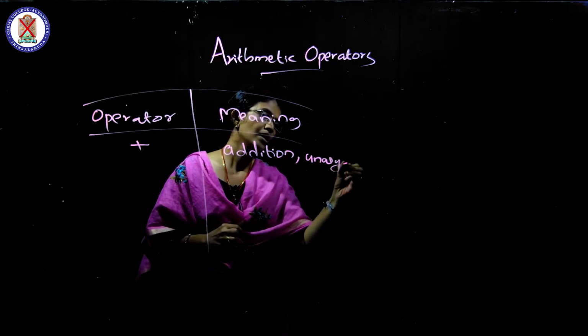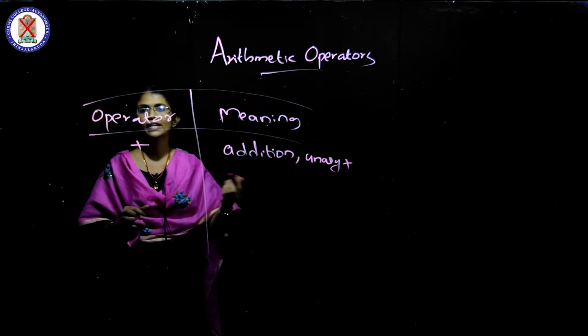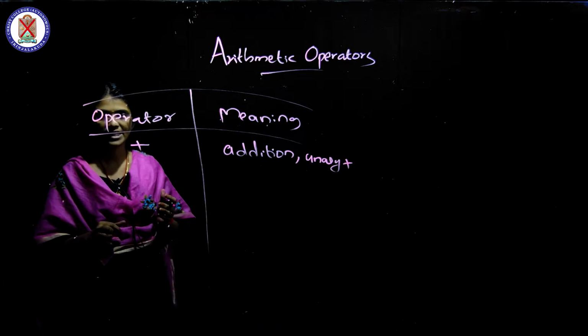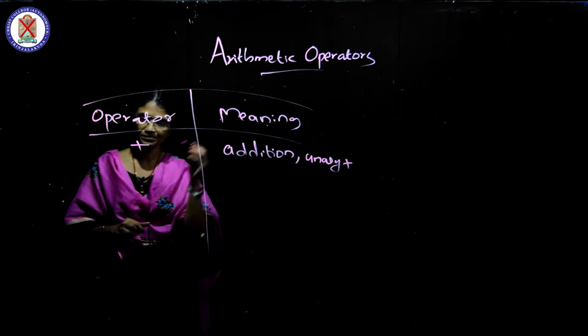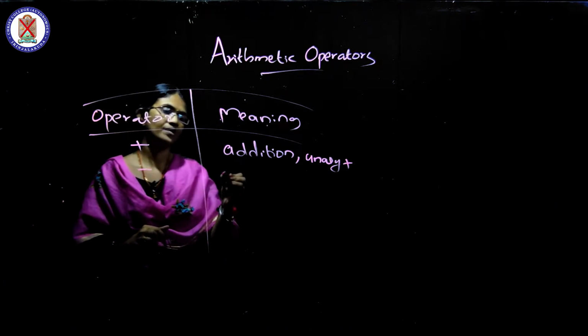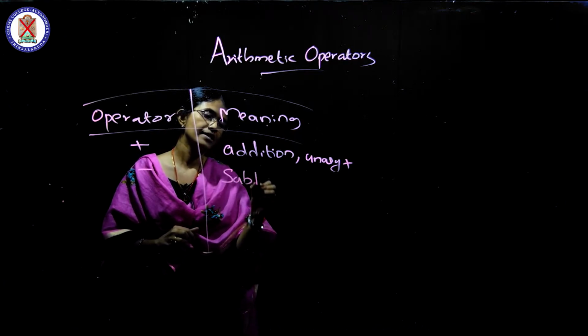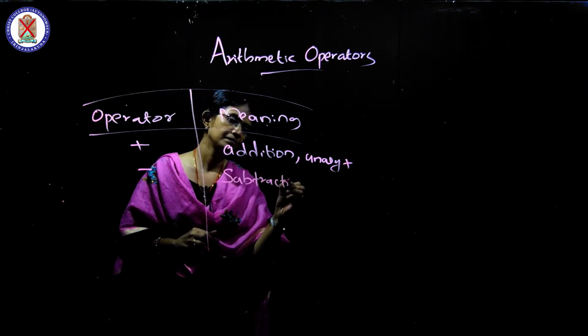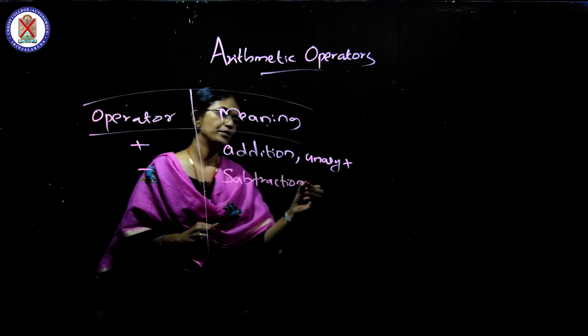Unary plus is not supported in earlier versions of C, but it is supported in ANSI C. Minus is used for subtraction and unary minus.